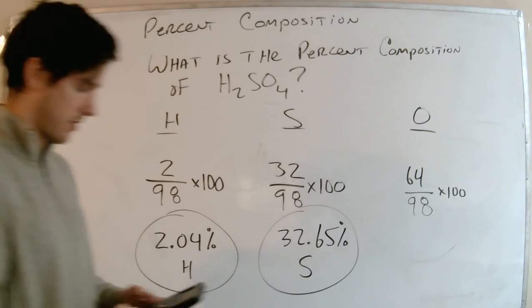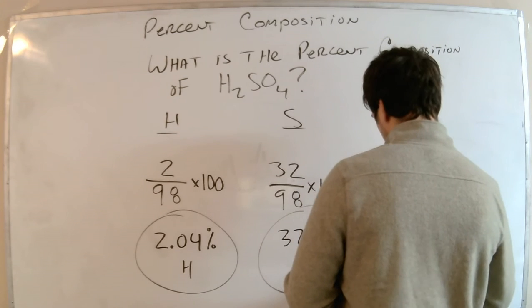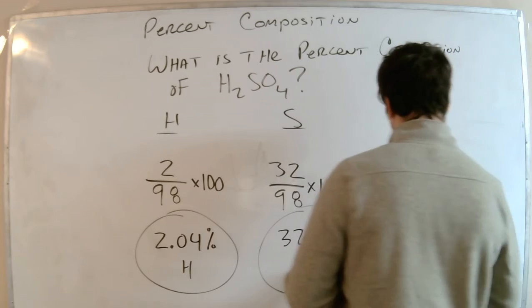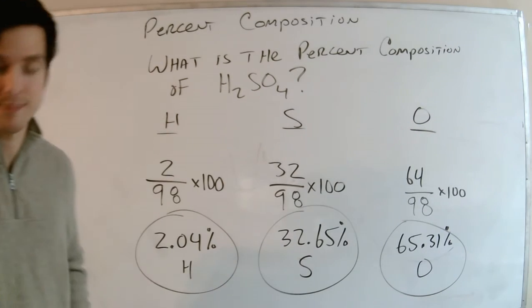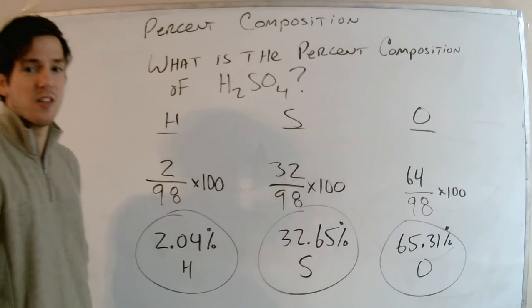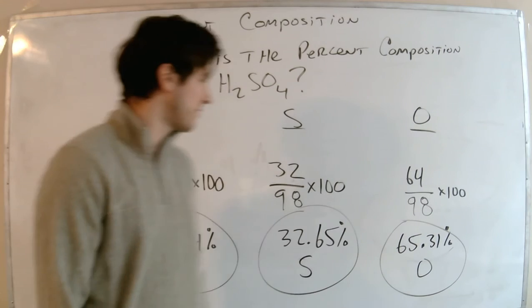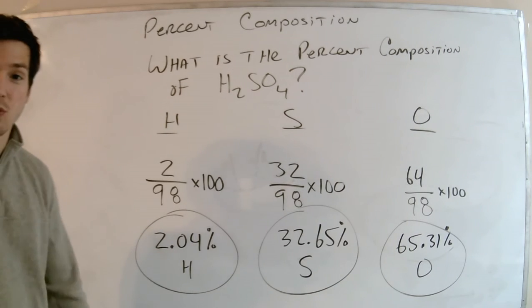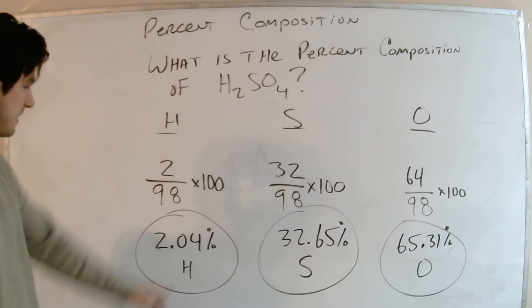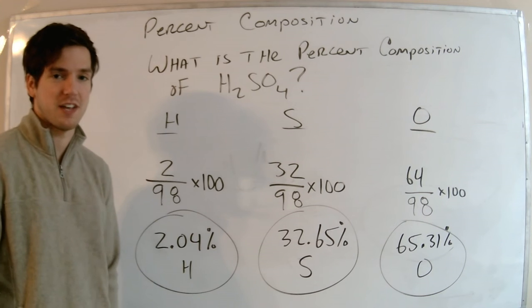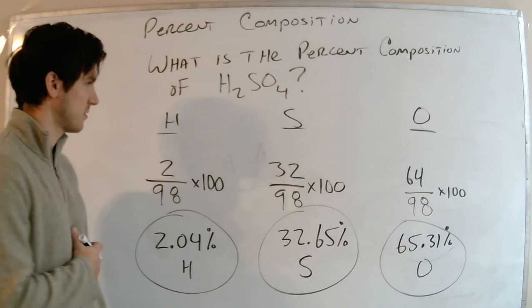That will give us 65.31% oxygen. And I look at these and it looks like it adds up to 100%. 32 plus 65 is 97, plus 2 is 99, and then the rest of my percentages should give me 1 full percent to give me 100%.